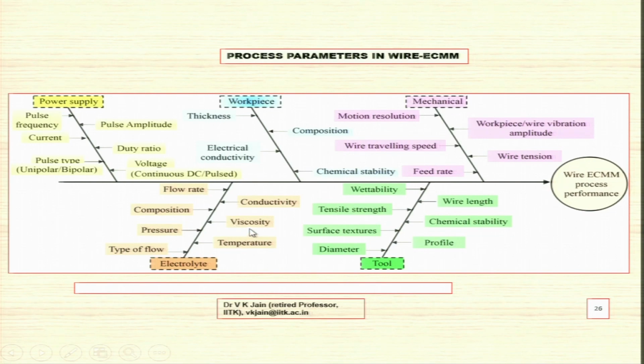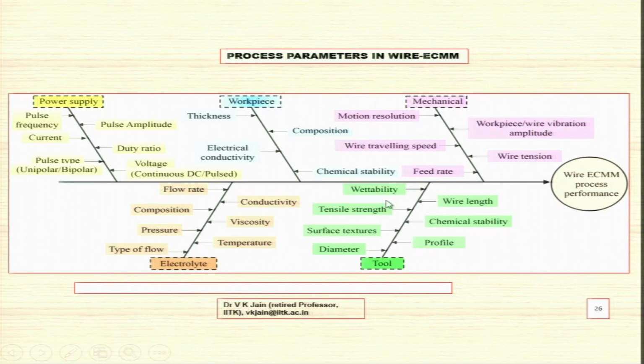This viscosity is also very important, as well as temperature, because it is going to change the conductivity of the electrolyte. So you should maintain constant temperature in the bath or the inter-electrode gap, whatever you are using there, otherwise it will change the conductivity, and if conductivity changes, then machining performance, machining features, dimensions will also change.